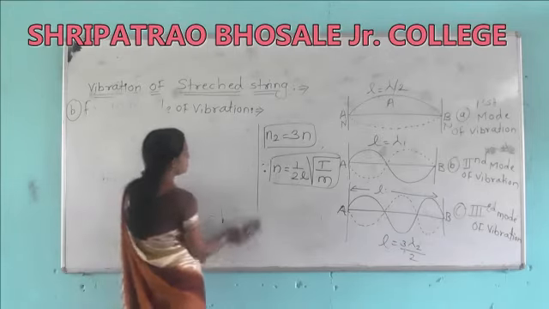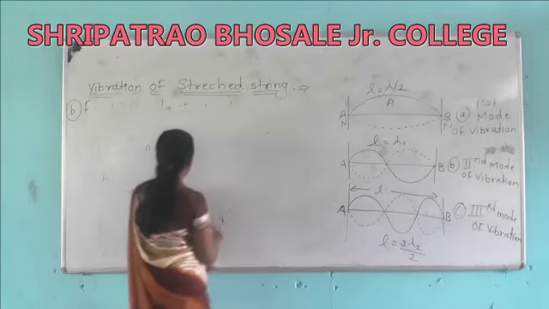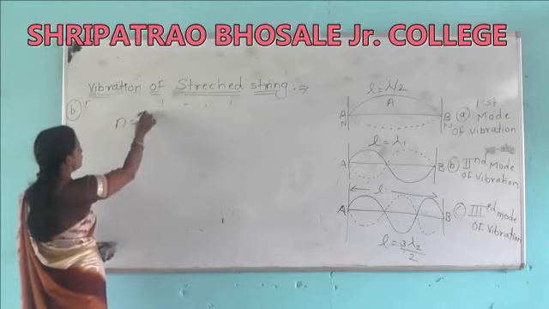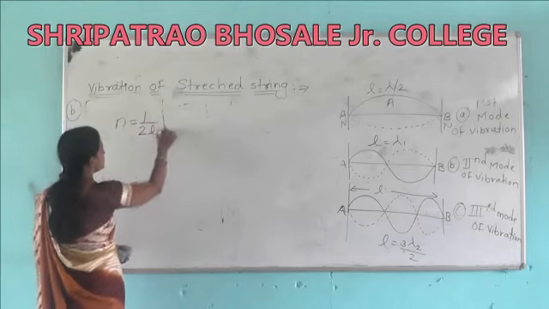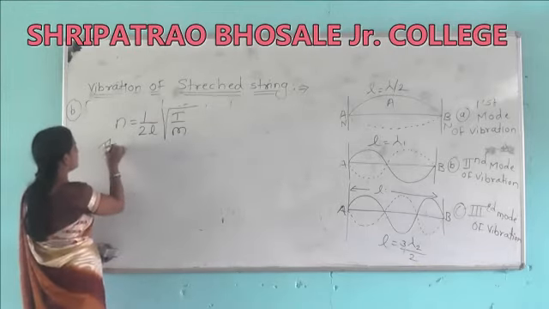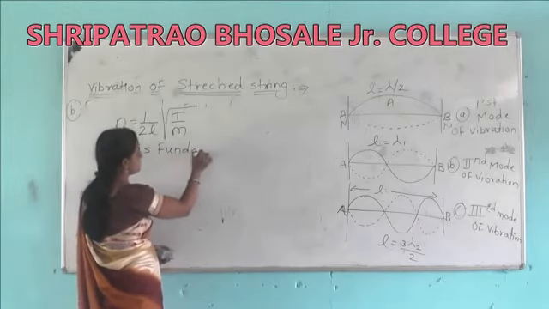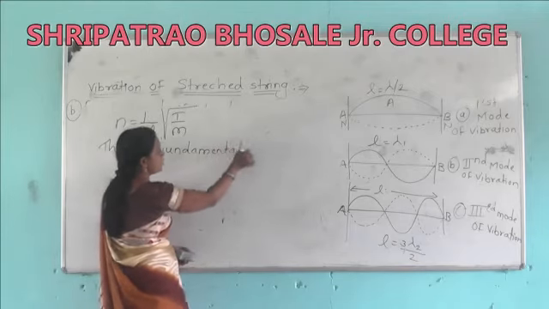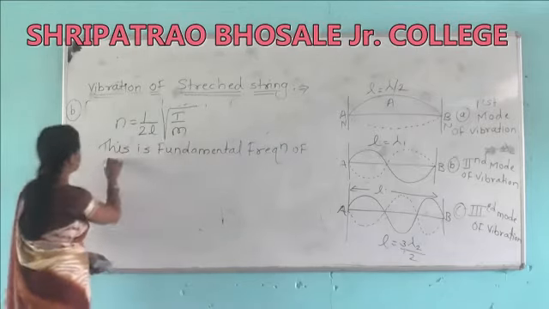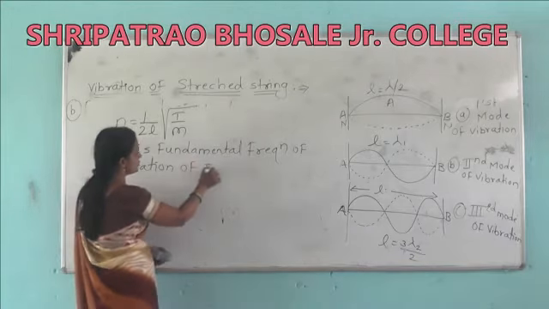N is the fundamental frequency. In this equation, for the first fundamental frequency we get N is equal to 1 divided by 2L square root of T by M. This is called the fundamental frequency of vibration of a stretched string.